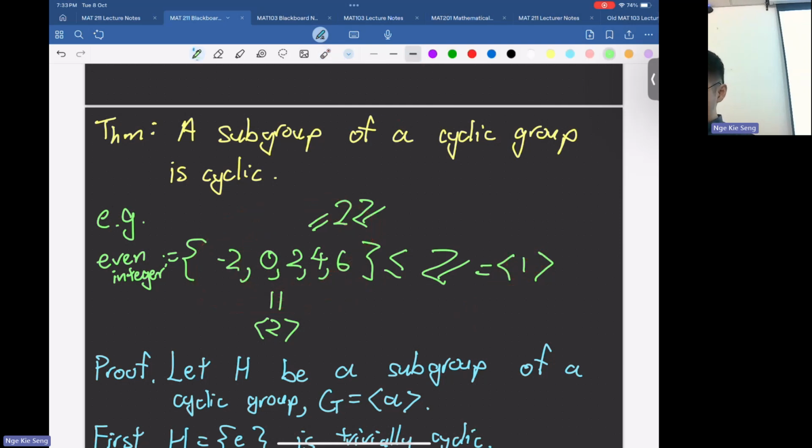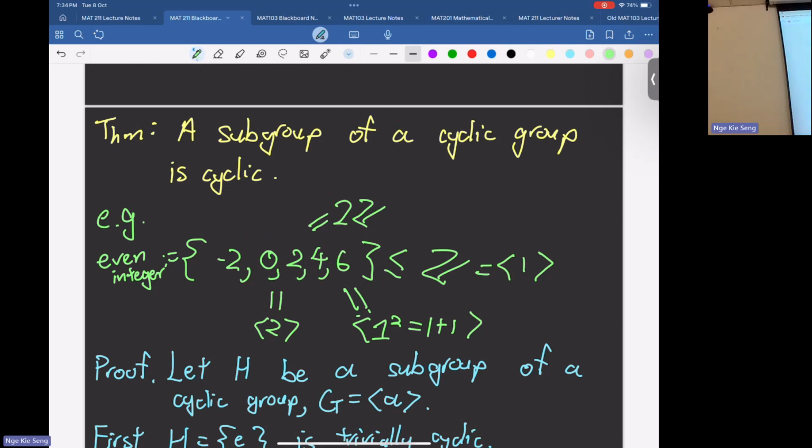So by the method of the proof, this is generated by 1 to the power of 2, which is 1 plus 1 in this case. You obviously also have 1 to the 4 inside this subgroup, but we pick the smallest one.